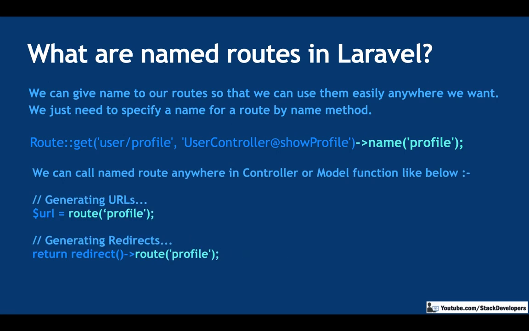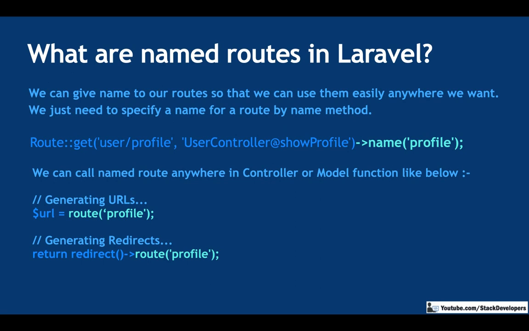Let's see how we can call it. We can call a named route anywhere in a controller or model function, like I have told you. See, generating URLs: we can generate the URL like $url = route('profile'). It means that user/profile will come in the variable $url. And see, generating redirects.